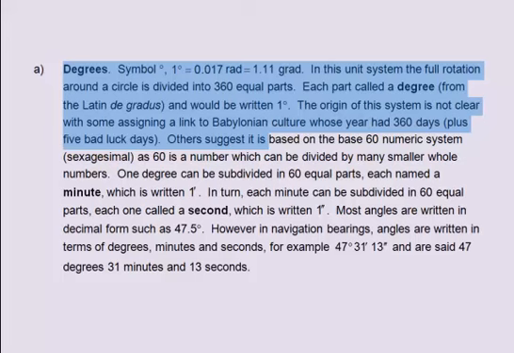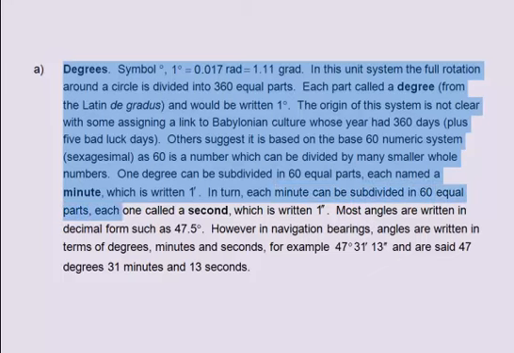Others suggest it is based on the base 60 numeric system, sexagesimal, as 60 is a number which can be divided into many smaller whole numbers. 1 degree can be subdivided into 60 equal parts, each named a minute, which is written 1 with a prime after it. In turn, each minute can be subdivided into 60 equal parts, each one called a second, which is written 1 with 2 primes after it.